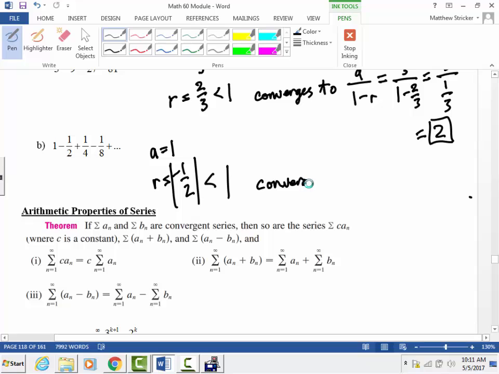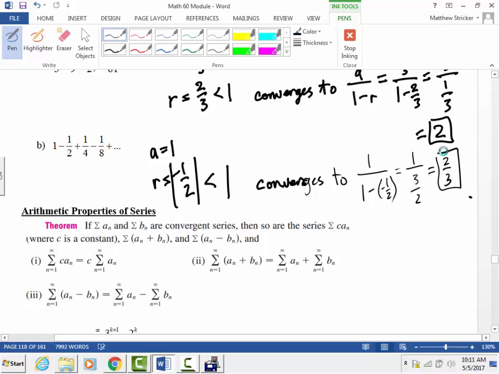It converges to 1 over 1 minus what? -1/2. Which is actually 1 plus 1/2, which is 3/2, and 1 over 3/2 is 2/3.